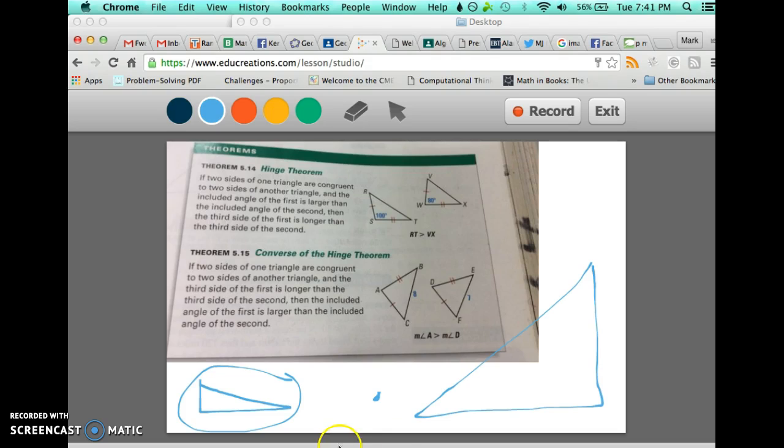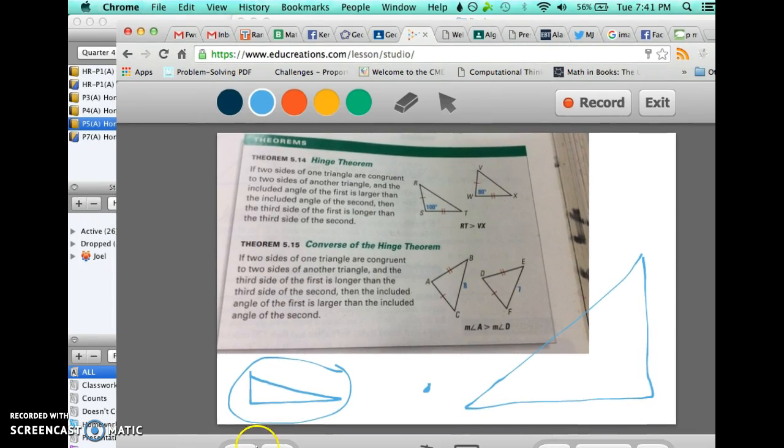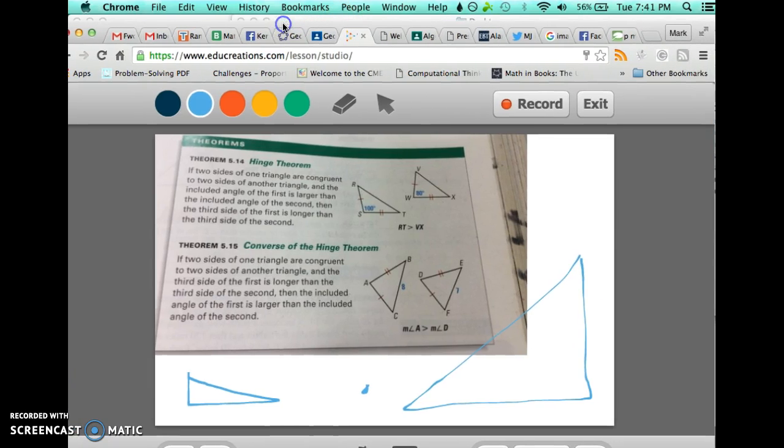For us to apply this theorem to a situation where there are two triangles, we would have to know that those two triangles had the same two sides. We can compare the opposite side of one triangle to the opposite side of another triangle only if the two sides are the same.